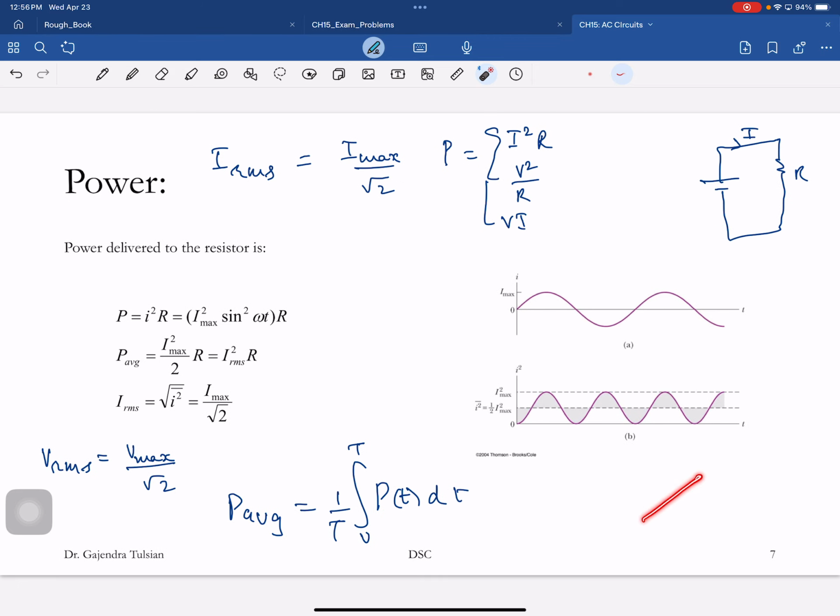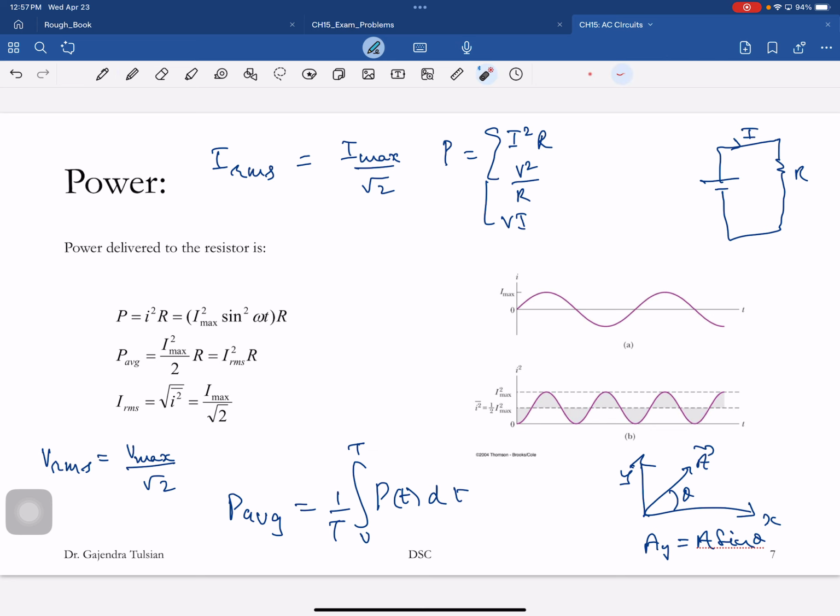Let me ask you a question. So here's a vector. What is the y component of this vector? A times sine theta.